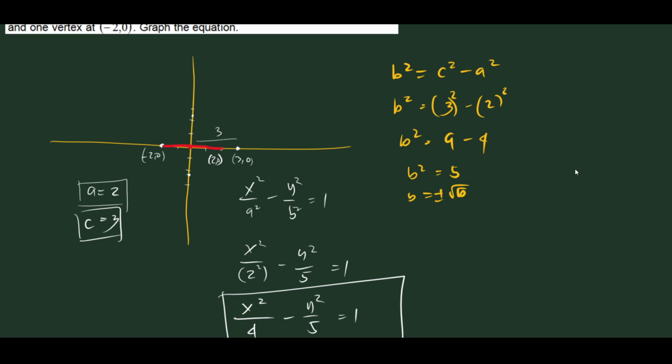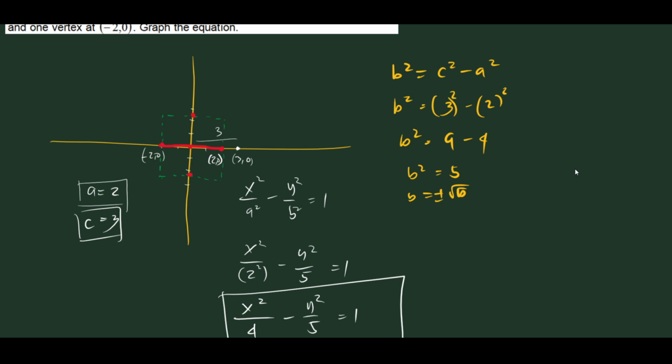If we draw an imaginary box right here, this is a technique for drawing hyperbolas. We draw an imaginary box connecting our a and b. This is b, the co-vertex, and these are the vertices on the x-axis and the co-vertex on the y-axis.